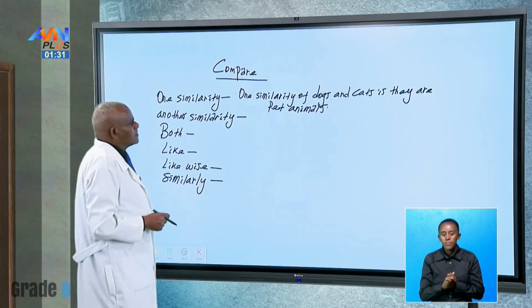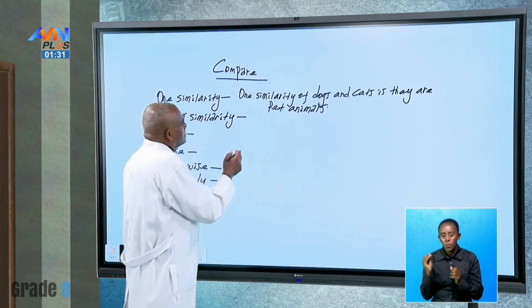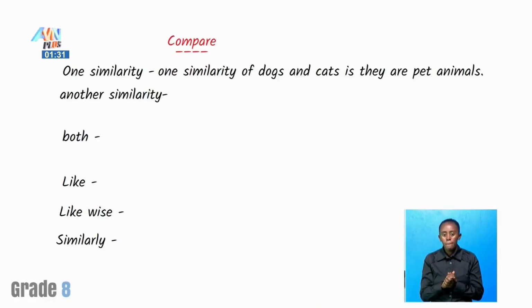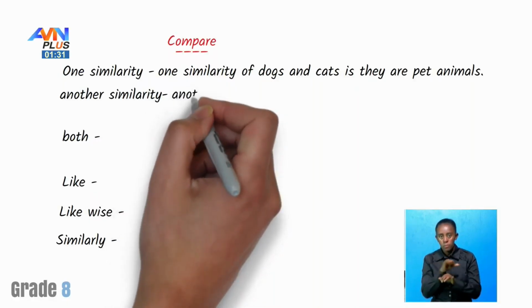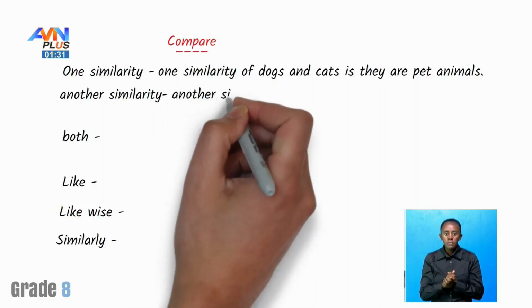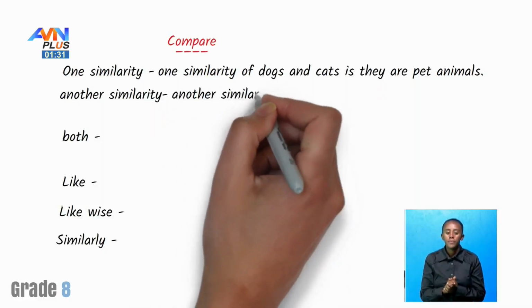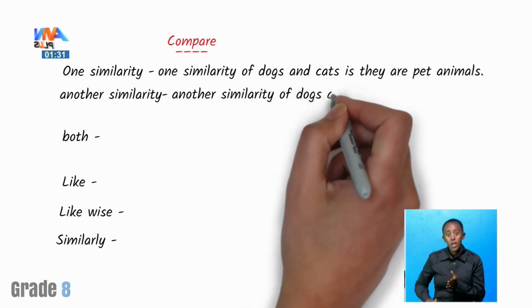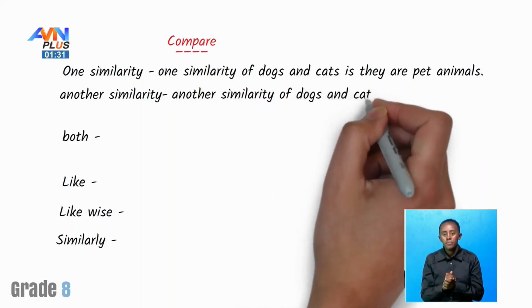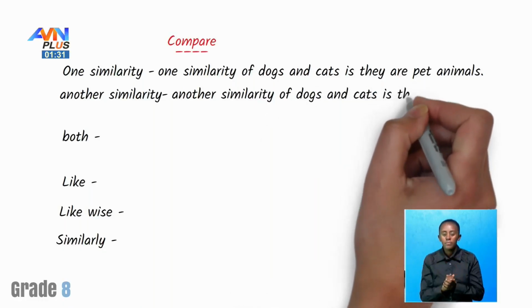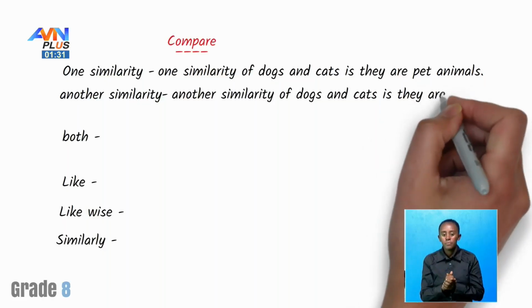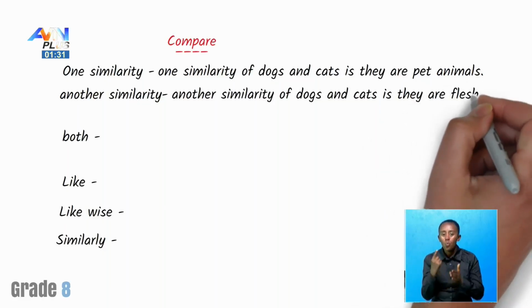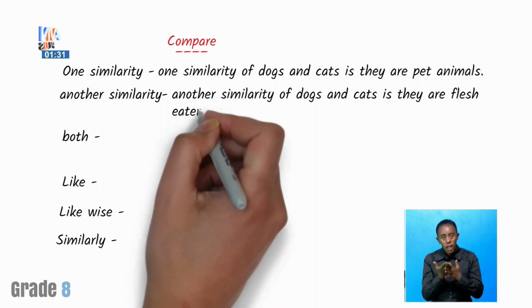All right, let's go. Another similarity of dogs and cats is they are what? Flesh eaters. Exactly.